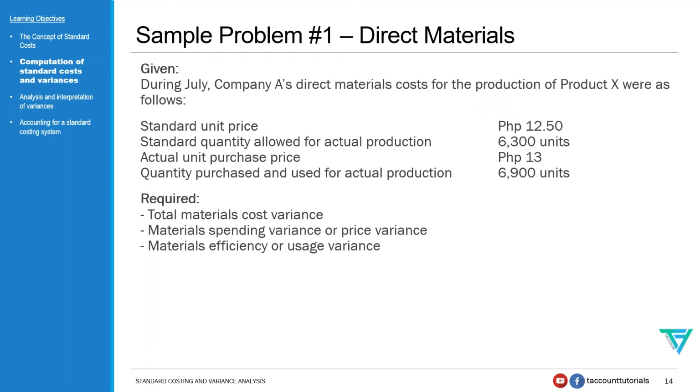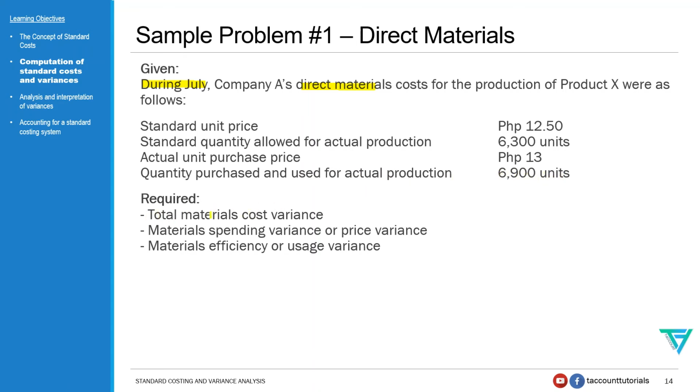Alright, so just to have a sample problem here for direct materials, just to provide a basic example for what we have just discussed. The given here, during July, company A's direct material costs for the production of product X were as follows: standard unit price of 12.5, standard quantity allowed for actual production of 6.3 thousand units, actual unit purchase price of 13 pesos, quantity purchased and used for actual production 6,900 units.